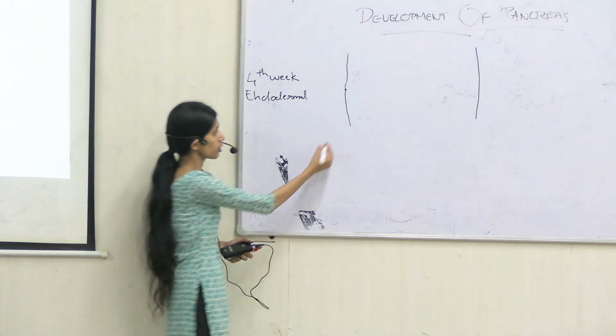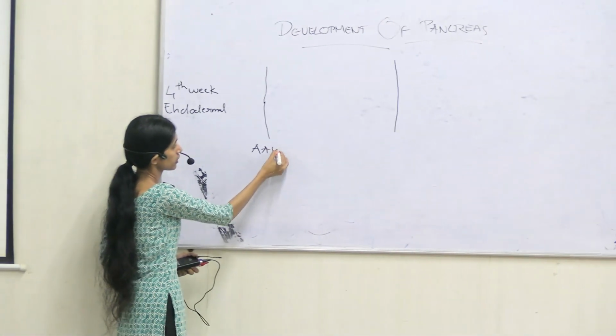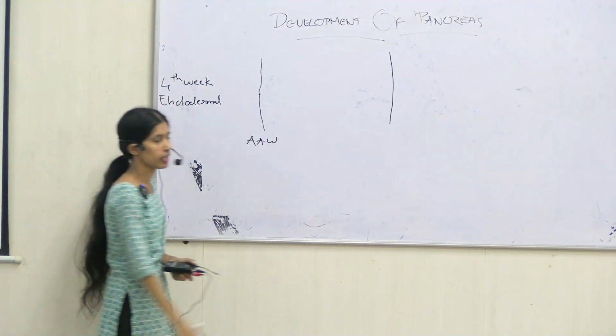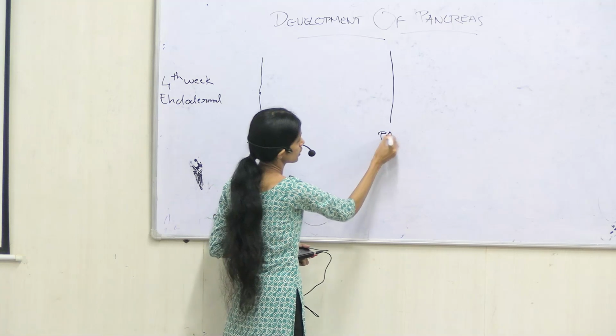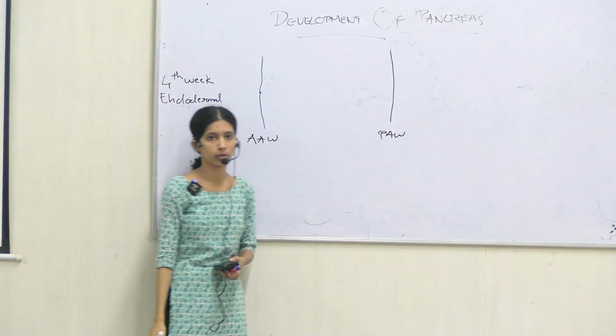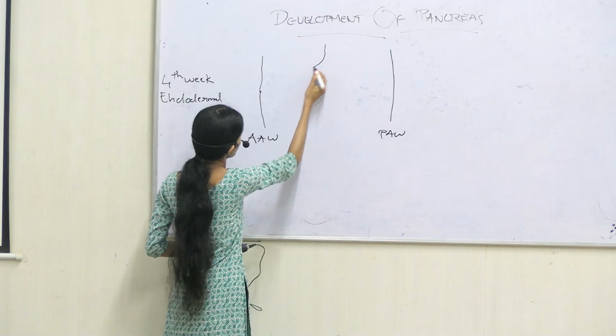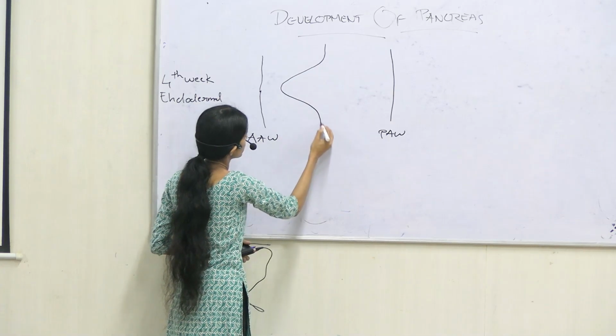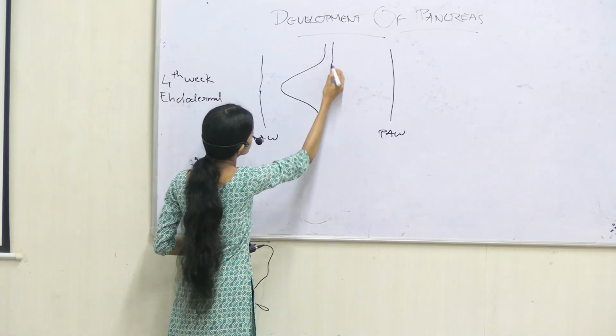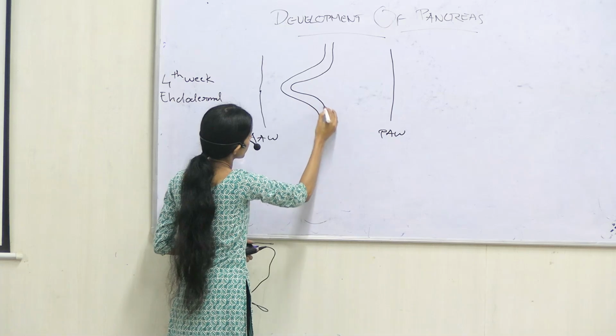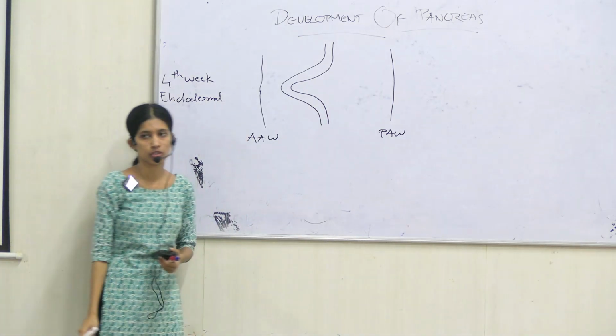Okay. So now imagine this is your anterior abdominal wall and this is your posterior abdominal wall. We have already seen in the development of your foregut and midgut, the gut tube will take a loop-like structure.